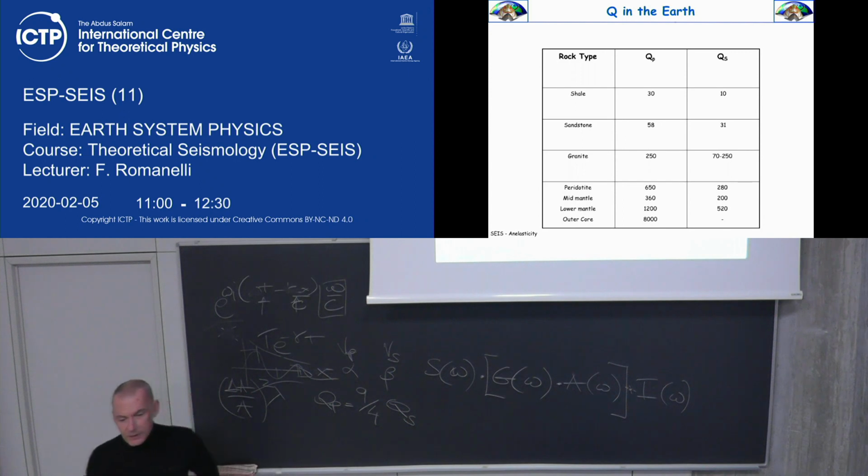Usually QP is larger than QS. And on average, it's 9/4. Hint, the answer is in your textbook. So you have just to read a piece of text like that. Now it's a little bit more, but okay.